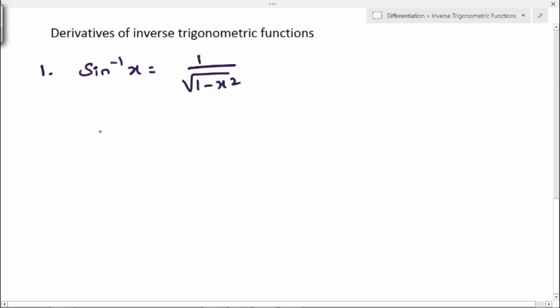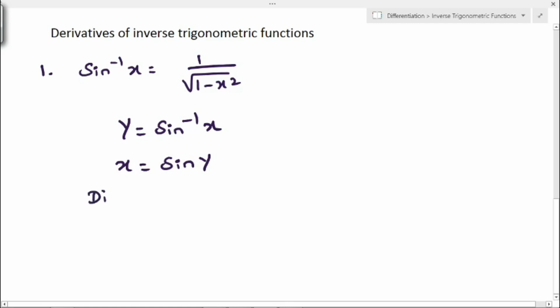So for that, first I am going to assume y equal to sin inverse of x. From this, what is the value of x? I am taking this sin inverse to the other side, it will become sin y. So x equal to sin y.